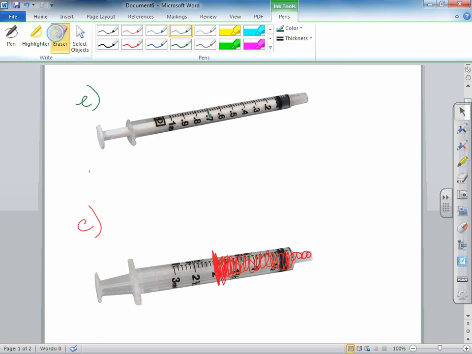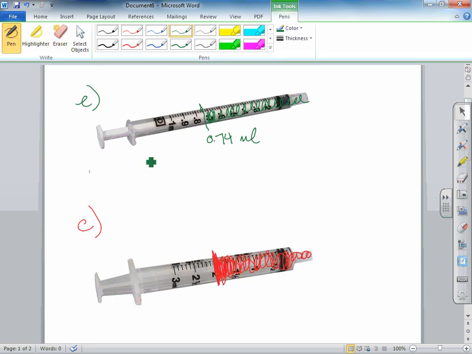All right, which means that you need to draw a line between the 0.74 and 0.76. So I'm going to draw a line the best I can. It looks a little messy, but this is 0.75 milliliters, and then I'm going to just shade it in above.